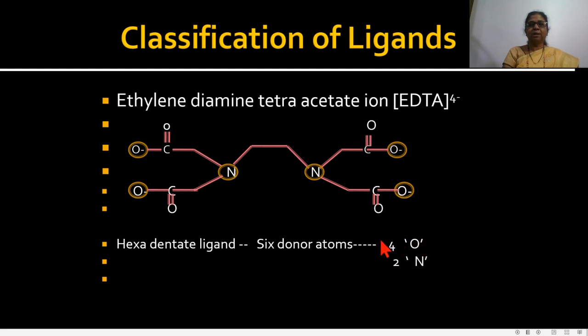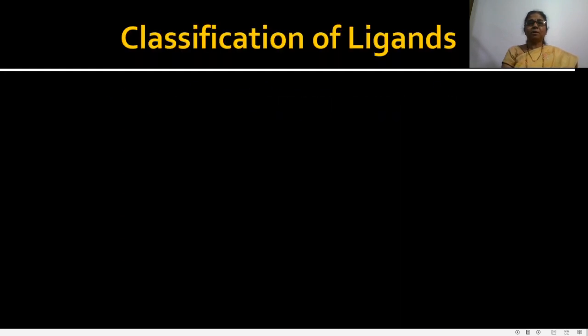They donate electron pairs towards the central metal ion, and therefore this compound is called a hexadentate ligand, because it has six attachment sites towards the central metal atom. These types of ligands are also called chelating ligands. When these ligands are coordinated with the central metal ion, the compounds are called chelating compounds.